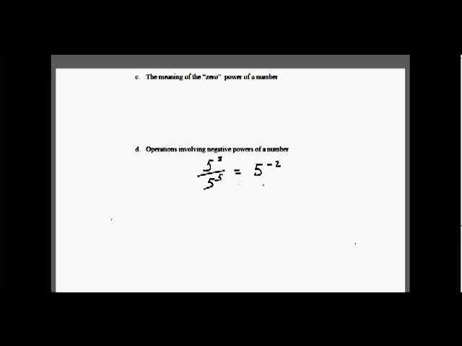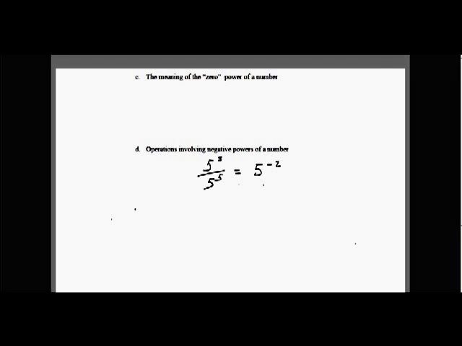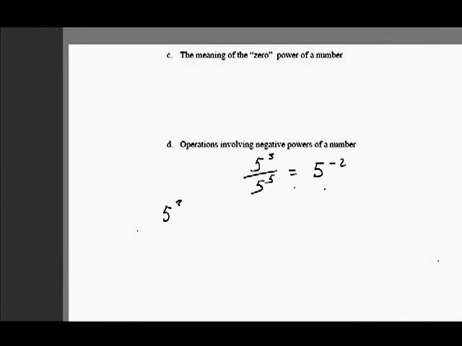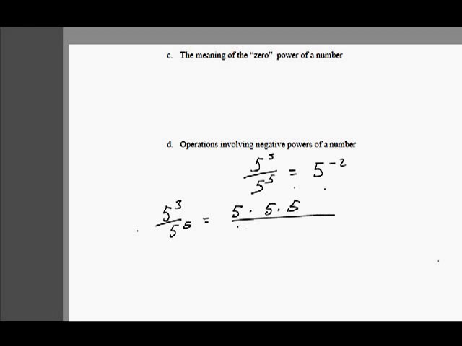What does this mean? Let's look at this quotient by expanding 5 cubed and 5 to the 5th power according to the meaning of those exponents. So we have 5 cubed divided by 5 to the 5th power is equal to 5 times 5 times 5 divided by 5 times 5 times 5 times 5 times 5.